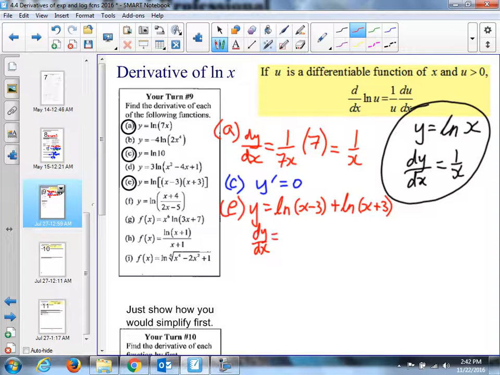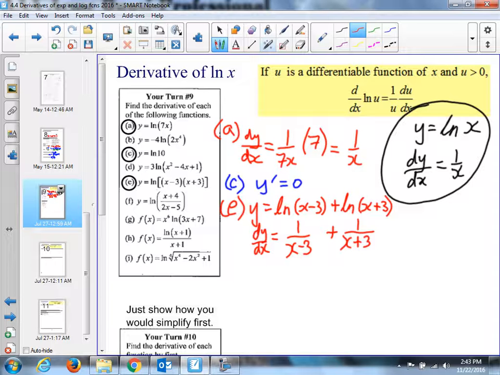Because they're multiplied, I wasn't sure if you meant we can separate them, but anyways, the derivative of natural log of x minus 3 is 1 over x minus 3. What's the derivative of the inside then? 1. So it's just this. Then what?